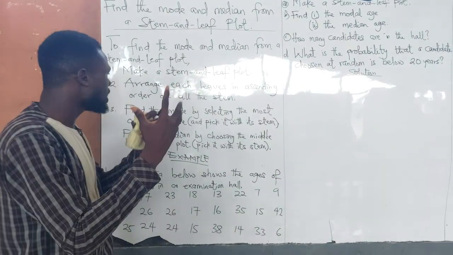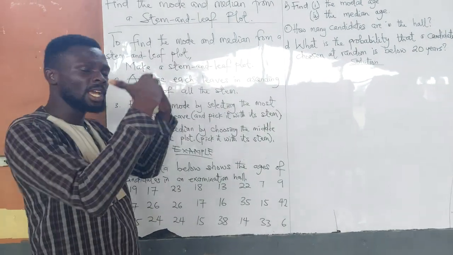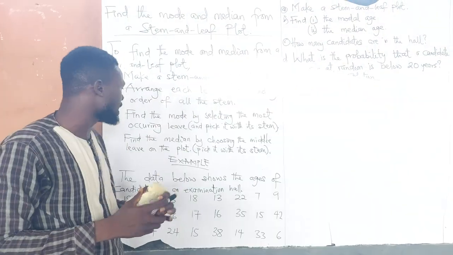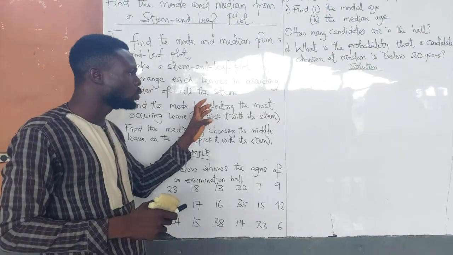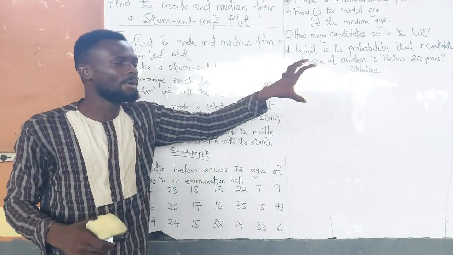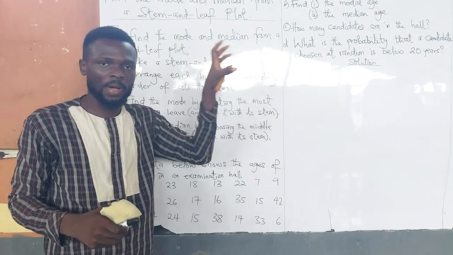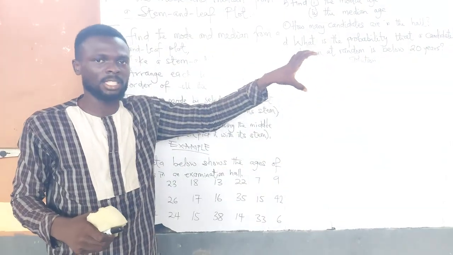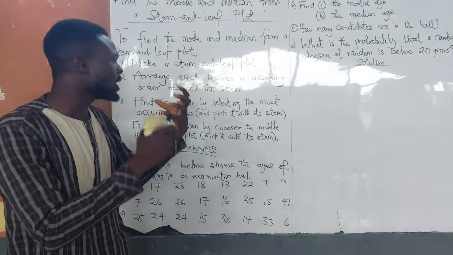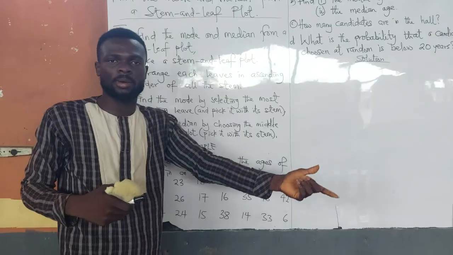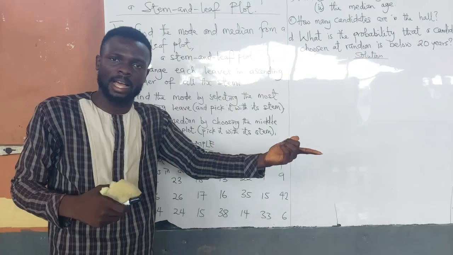Then when you are done with the rearrangement, you find the mode from the arranged leaves. We know that the mode is the most occurring value, or the most repeating value.